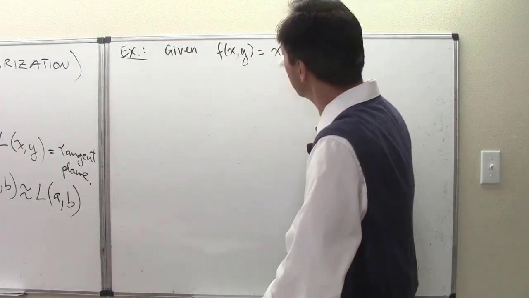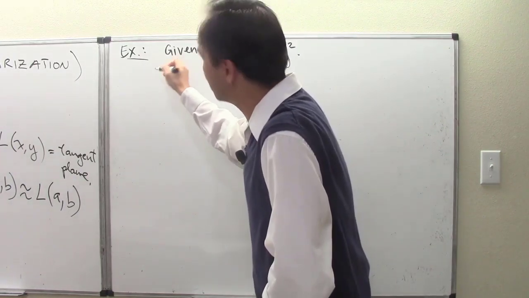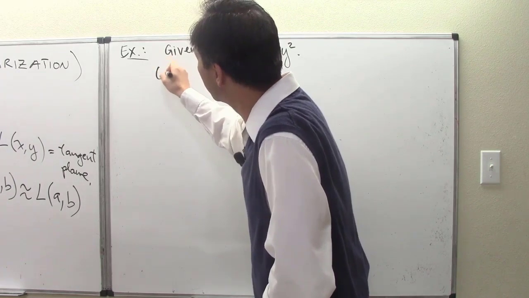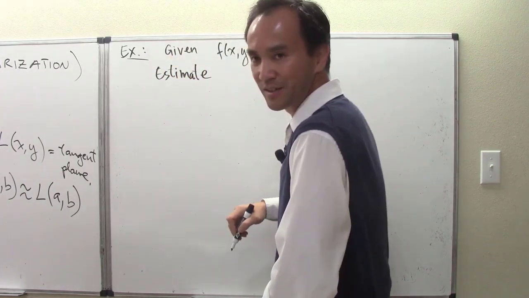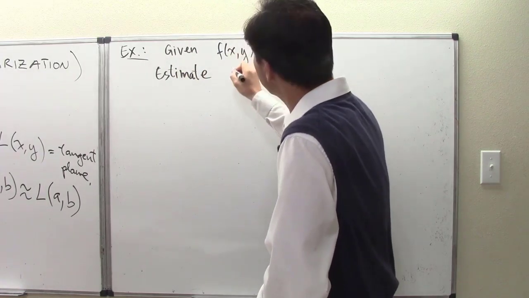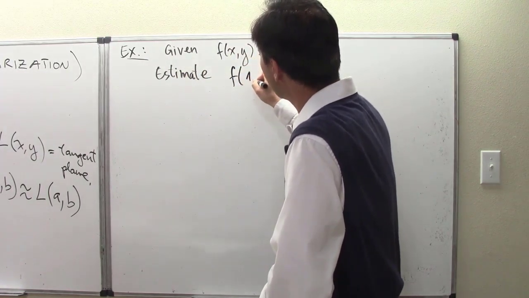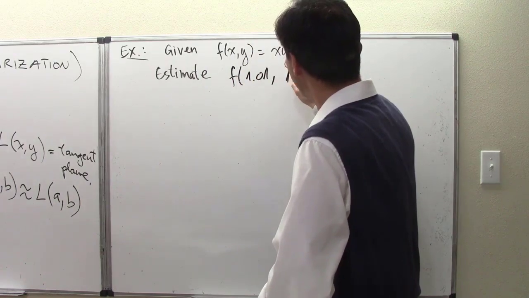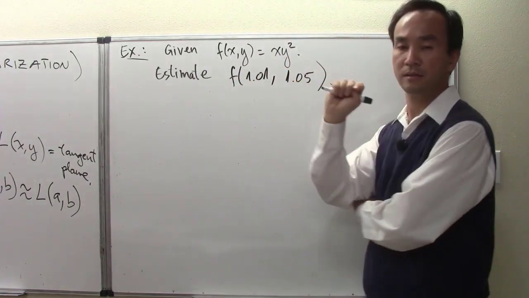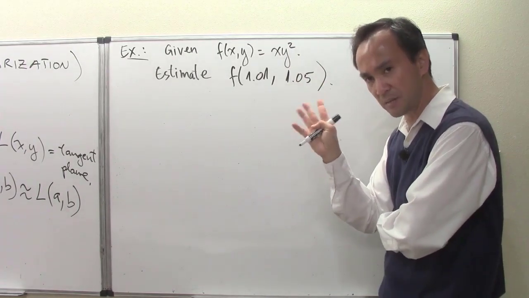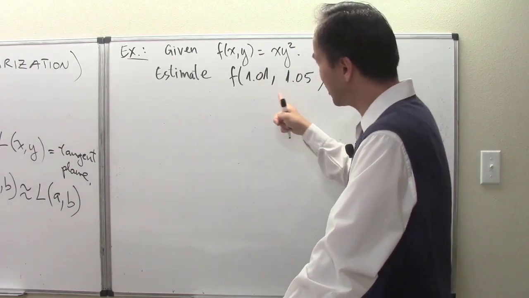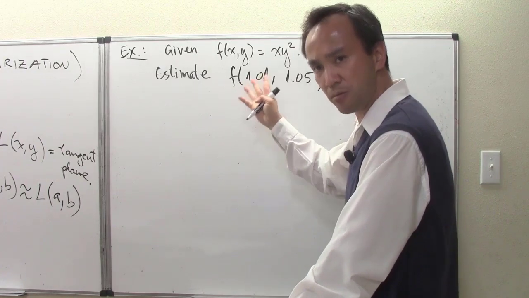For this problem, we want to estimate, or approximate, the function value at 1.01 and 1.05. Before we get started, let me bring in the reason we only want to estimate using a linear approximation.